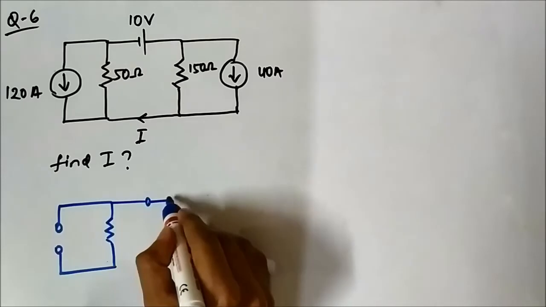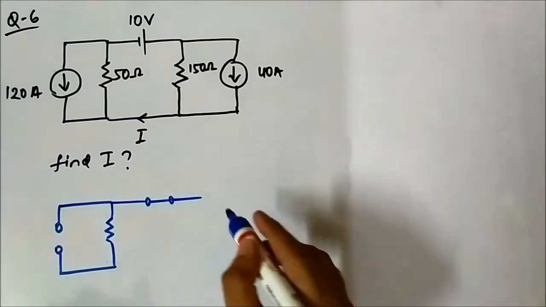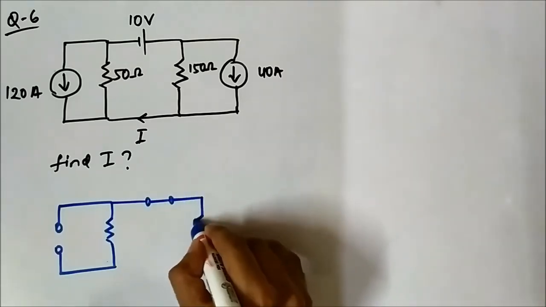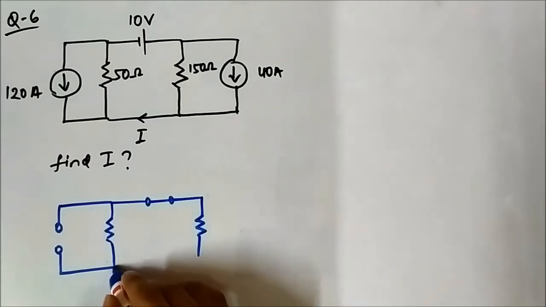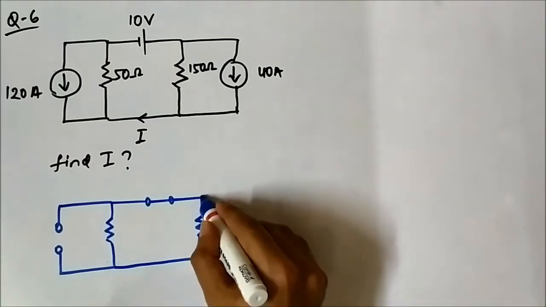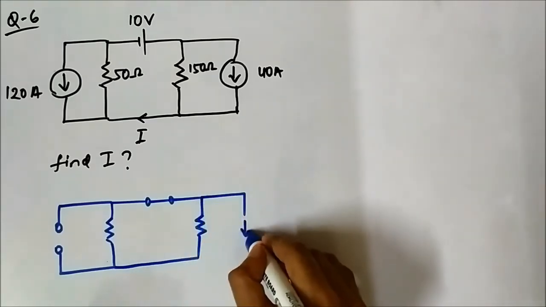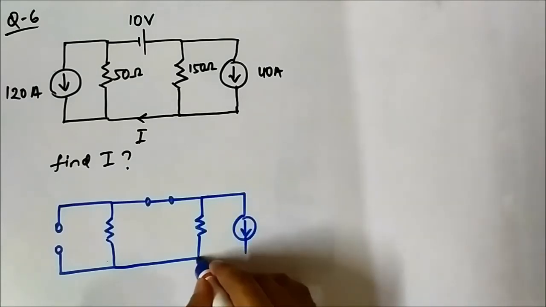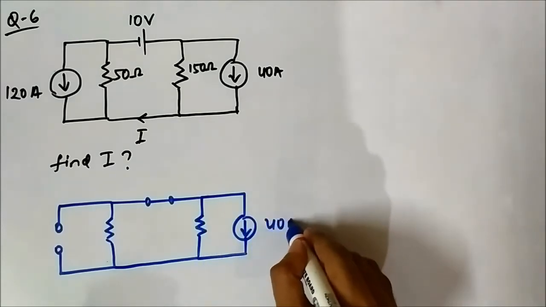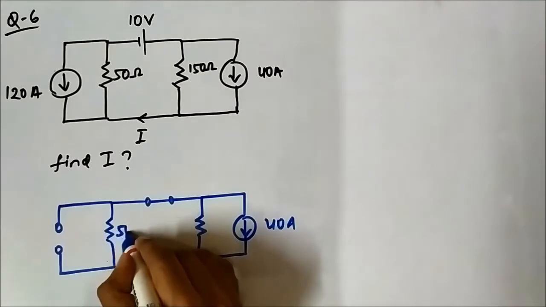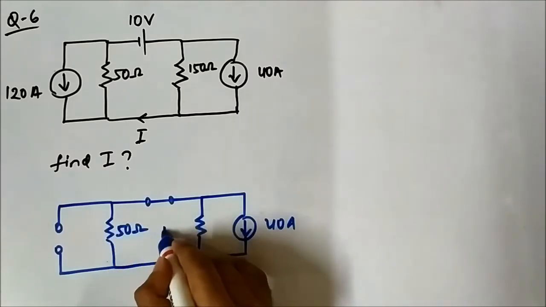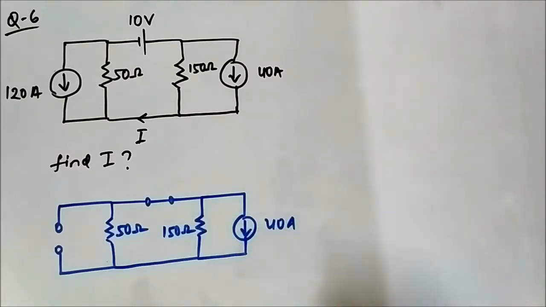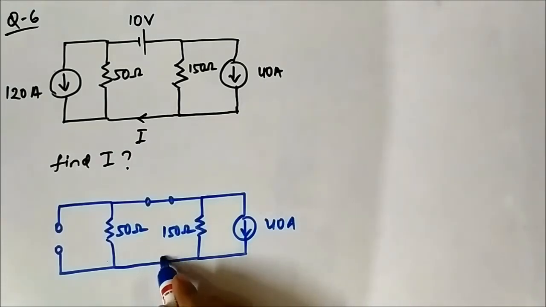This is short circuited. This is 150 ohm. This is 40 ampere. 50 ohm, 150 ohm. Let us call this current I dash.